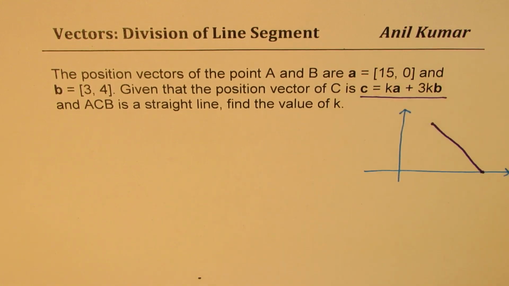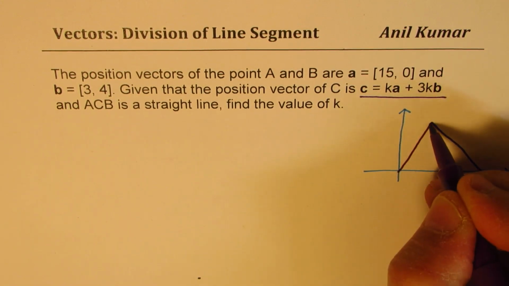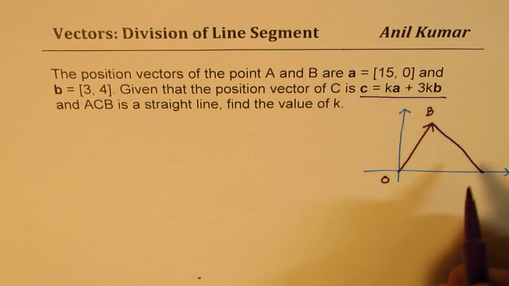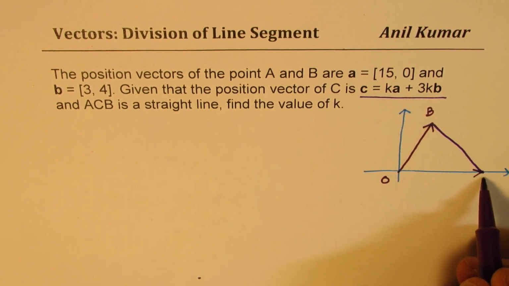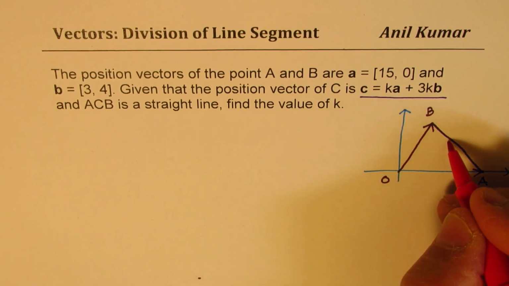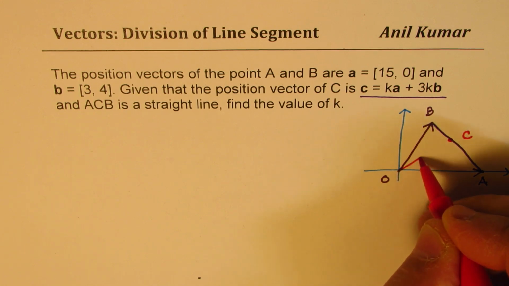So what I'm trying to say here is that this is the position vector OB, and this is your OA. C is a point somewhere in between. Let's say this is C for us. So OC is going to be this vector.